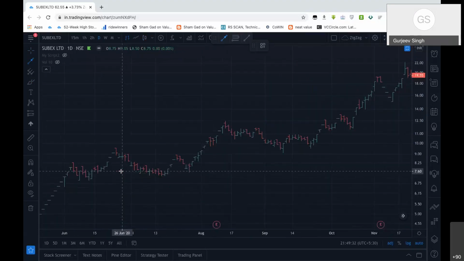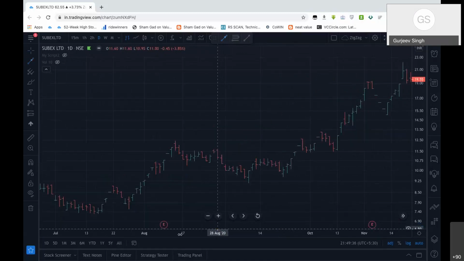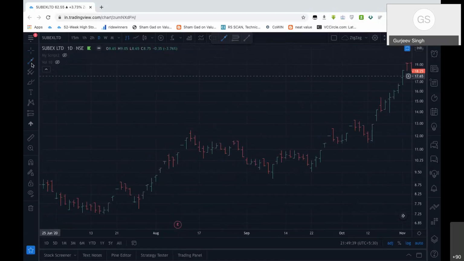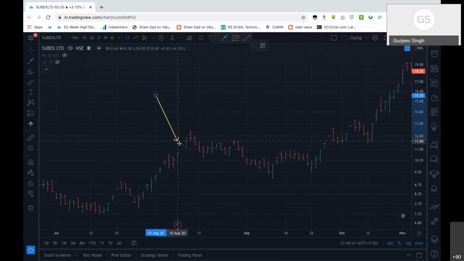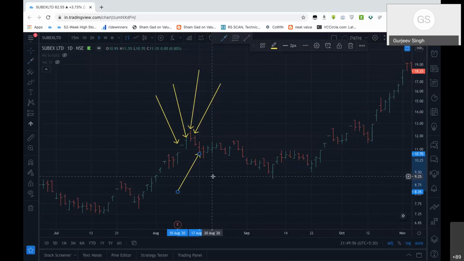I'll zoom it again. Now it will be better. So this one is my first bar, this one is my second, this one is the third, this is the fourth, and this is the fifth. Getting it?